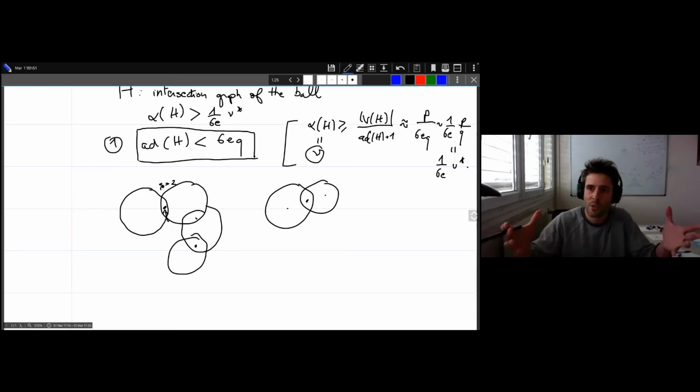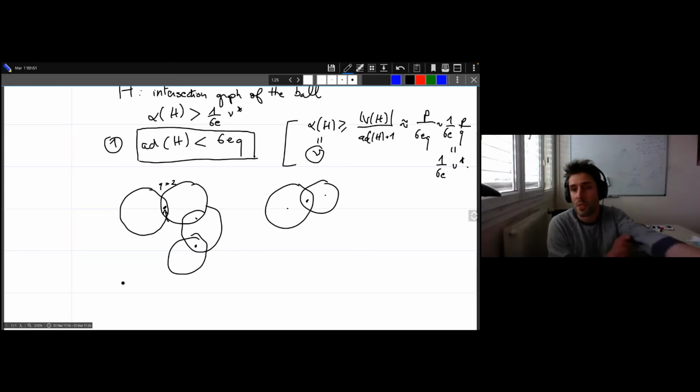So how can we reduce the case that q is large to q equals 2? How do we reduce a packing where each vertex is in at most q balls to a packing where each vertex is in at most 2 balls? The idea is simply to select the balls at random.